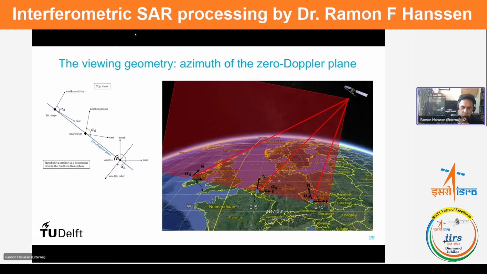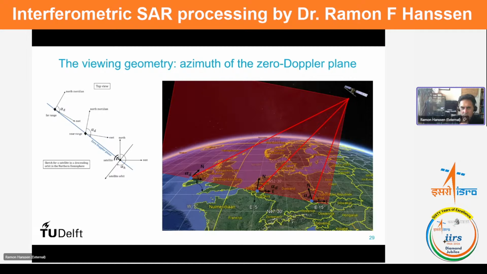And on the left-hand side of this figure, you see a top view of that. So in near range, the heading of the satellite would be indicated over here, but if I'm further away from near range to far range, you can see that the angle that I'm actually dealing with is alpha d. That is decreasing as I go further away from the nadir.